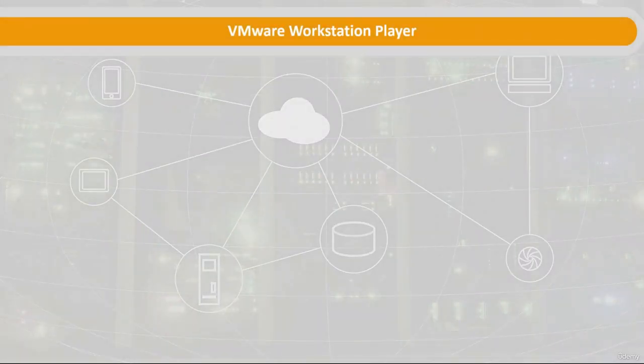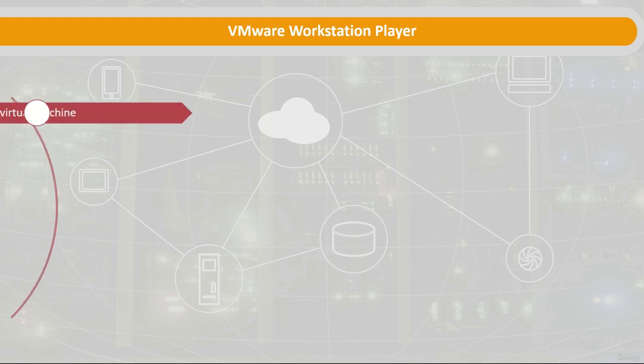VMware Workstation Player. So with virtualization software, you can create a fully functional real-life network inside your host computer. Virtualization software is very powerful, and they also have a rich set of features compared to dual booting machines.